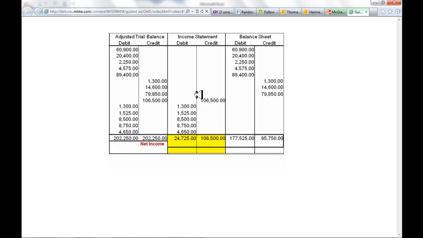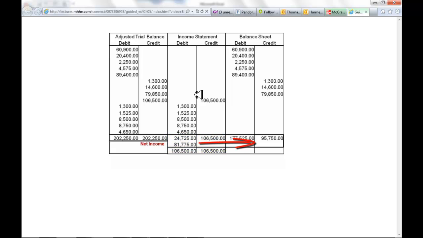Parent Company had net income equal to the difference between the $106,500 in credits and the $24,725 in debits, the revenues and the expenses. Net income is the difference, $81,775. We add this to the debit column, bringing the total debits to $106,500.